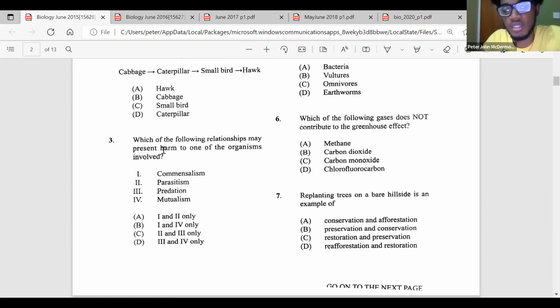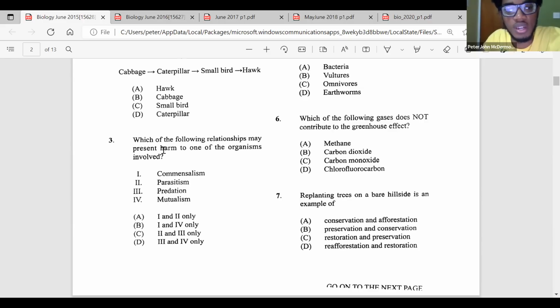One organism consumes another. For an example of that, maybe a human eating a chicken, right? So one organism, the chicken, would be coming to harm in order to satisfy the predatory organism, the human, right?